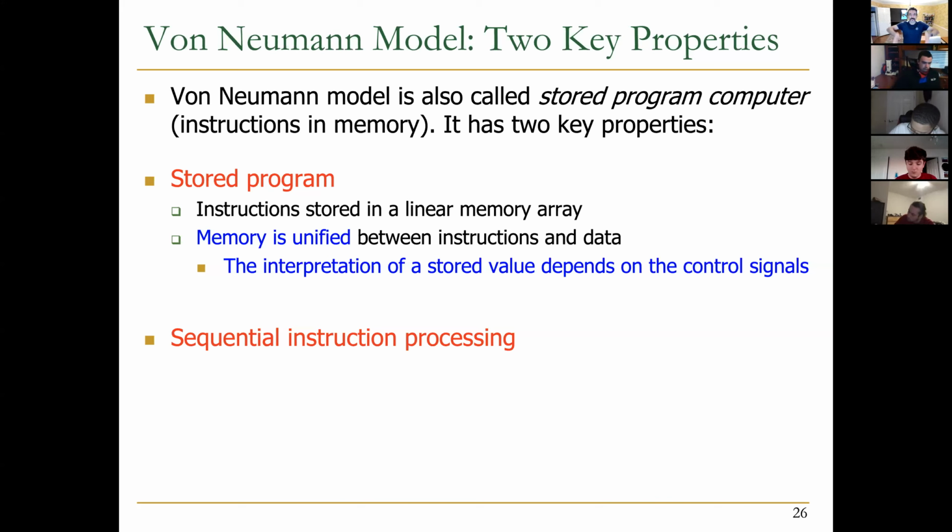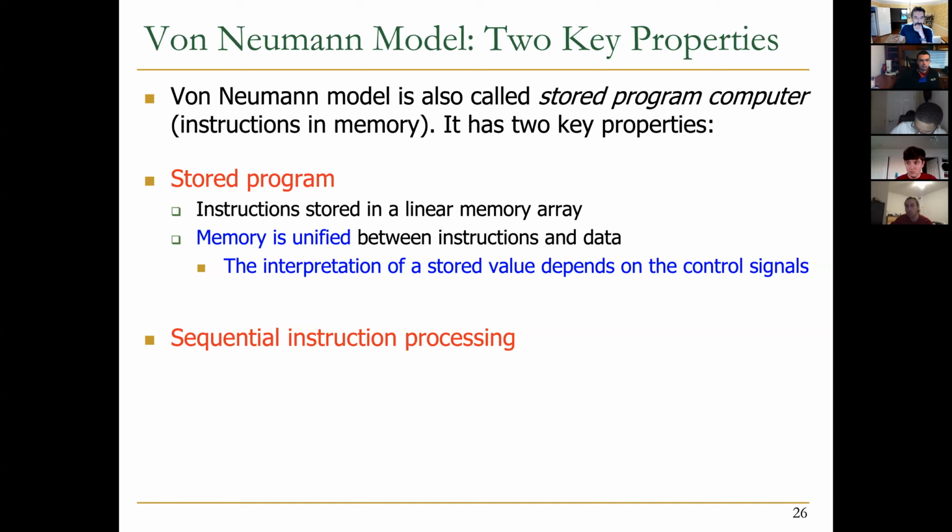So you have a unified memory, then you can interpret different parts of the memory differently. This is the way you can execute your program.